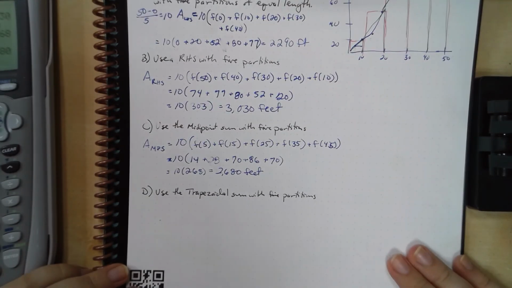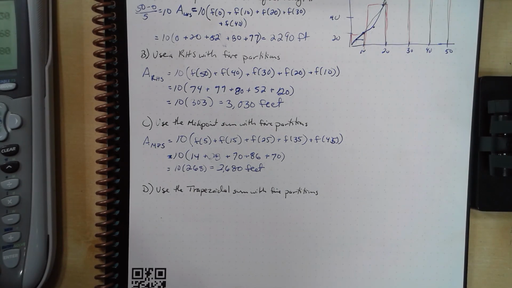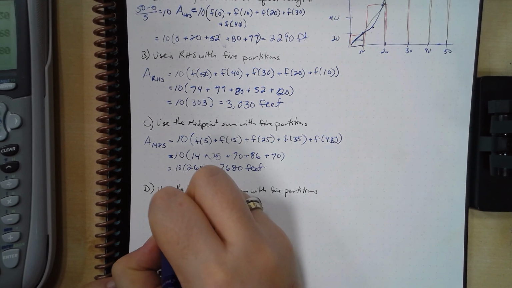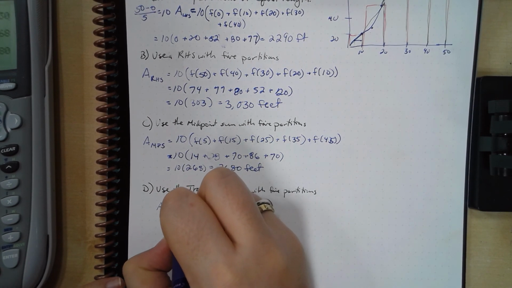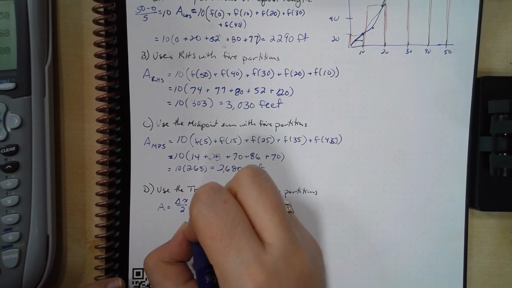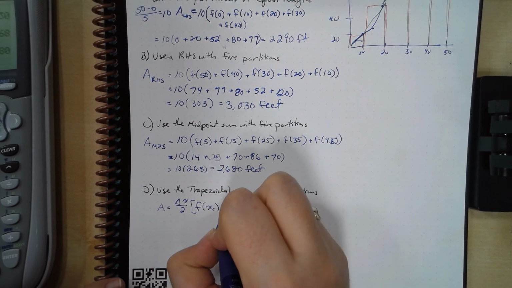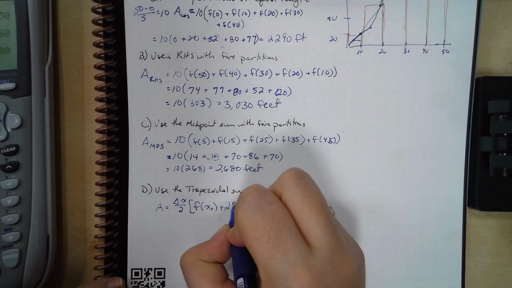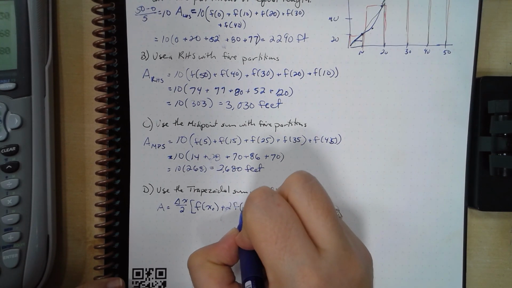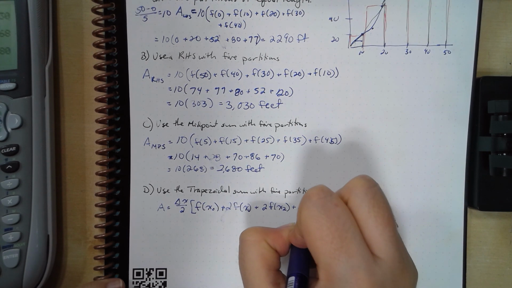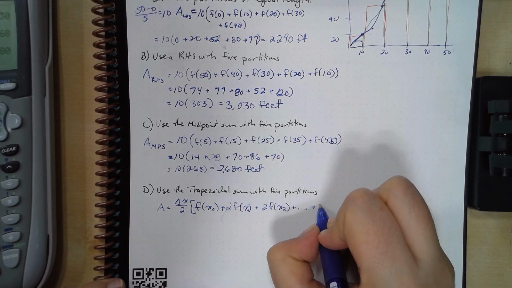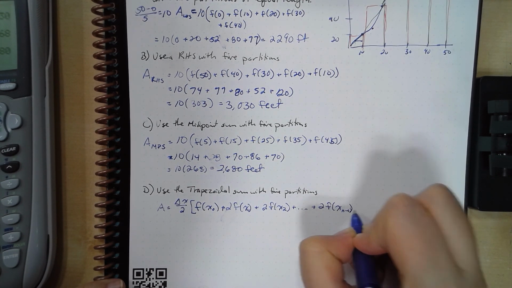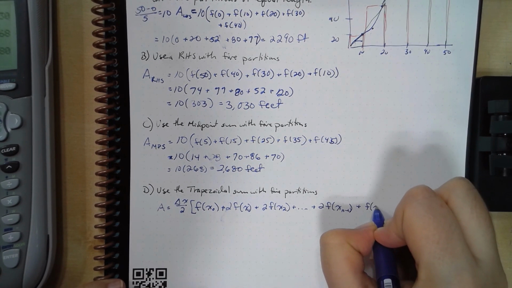So, trapezoidal rule, we actually have a formula for this. The formula for the trapezoidal rule is that our area is going to be equal to delta x over 2, the change of x over 2, times f of x sub 0, that's where we begin, plus 2 times f of x sub 1 plus 2 times f of x sub 2 plus forever, plus 2 times f of x sub n minus 1, plus f of x sub n.